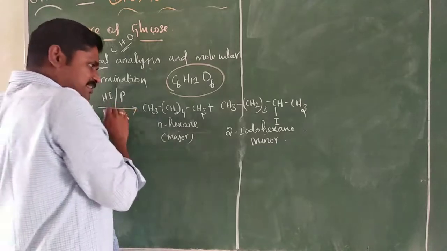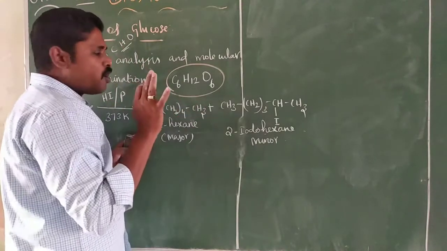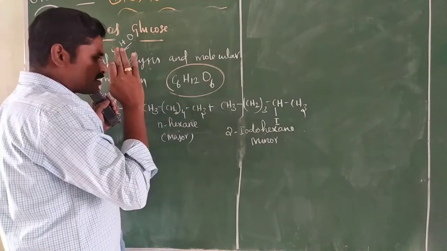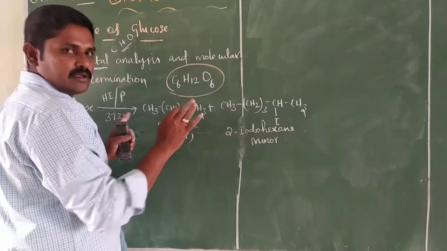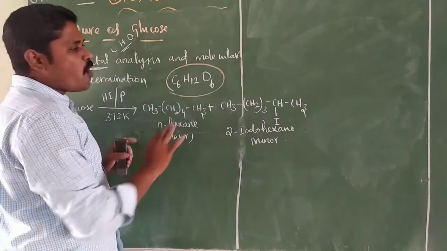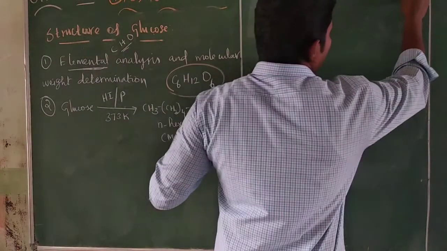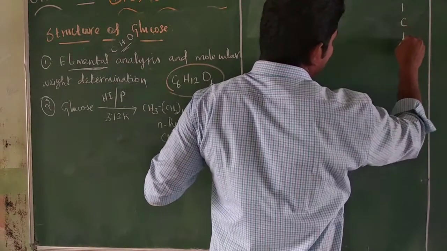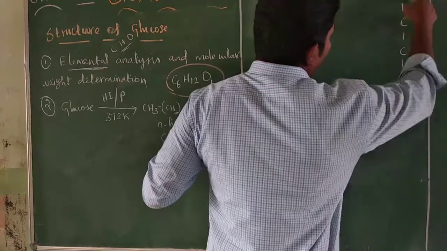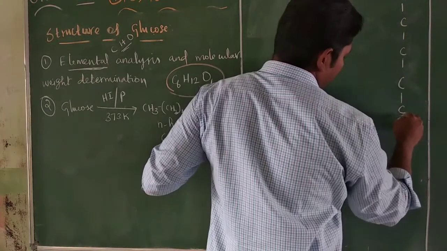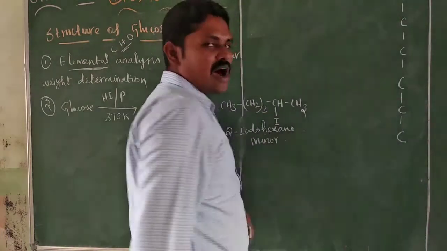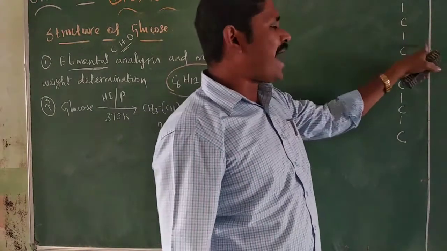So all carbons are bonded linearly: 1, 2, 3, 4, 5, 6. Six carbons are linear, so no branched chain.